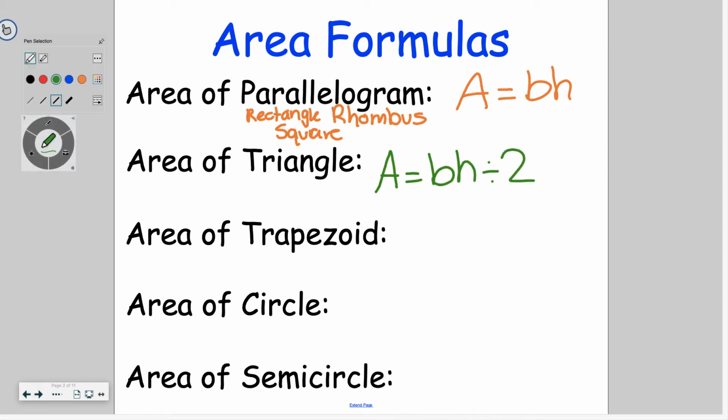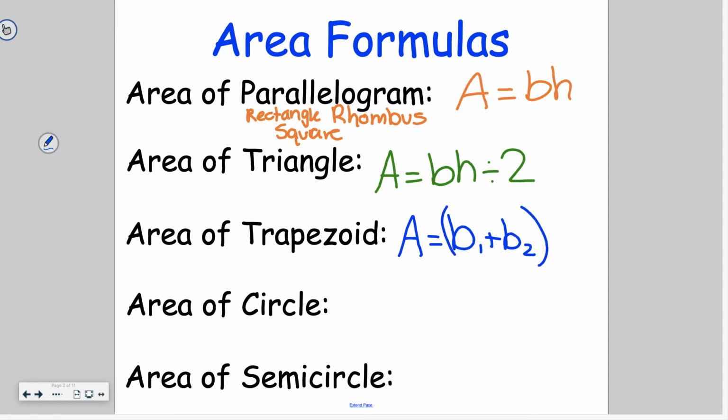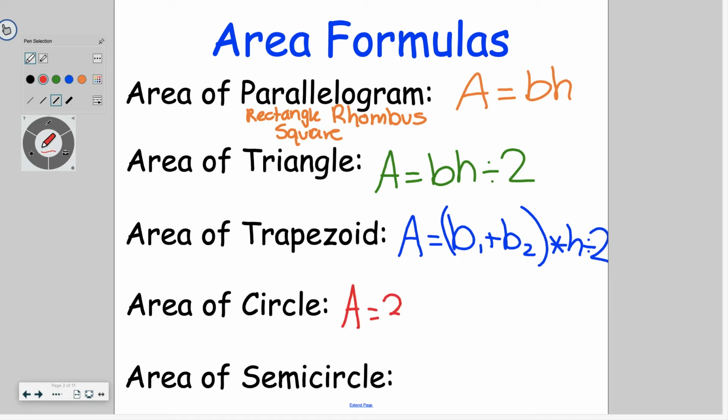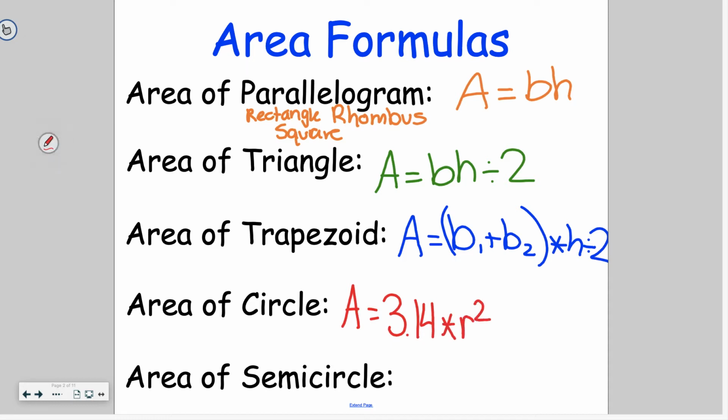For the trapezoid, we had area is equal to base 1 plus base 2. Remember, that was in parentheses, times the height divided by 2. Our area of a circle formula was area is equal to 3.14 times the radius squared.